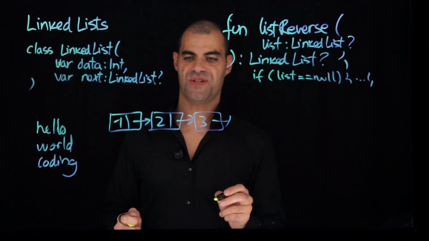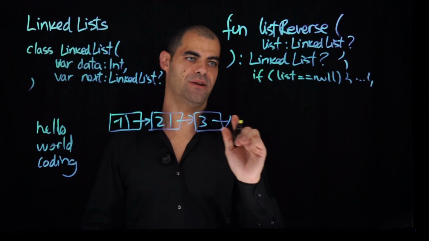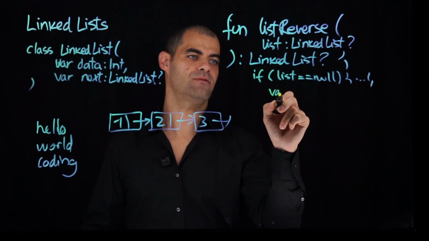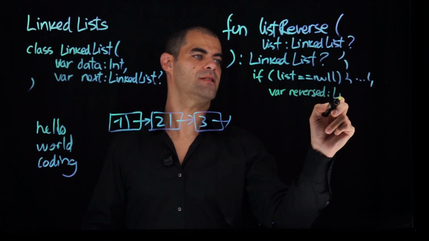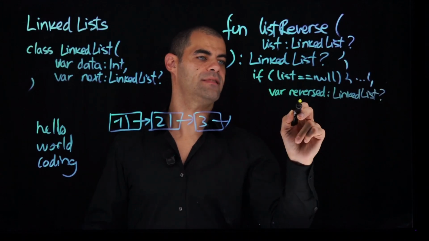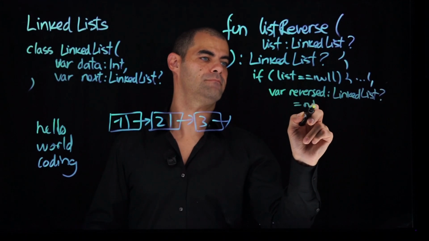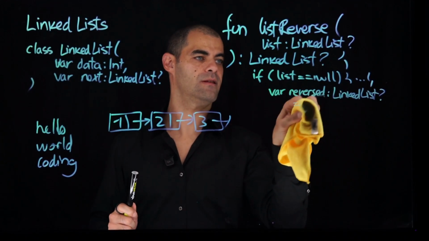So one way to do this is to traverse this list and add all these elements to a new list. So we can create a new list called reversed. That is a linked list that starts as null, if I can spell correctly.